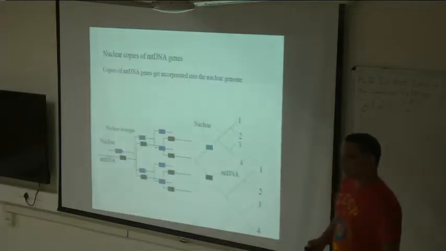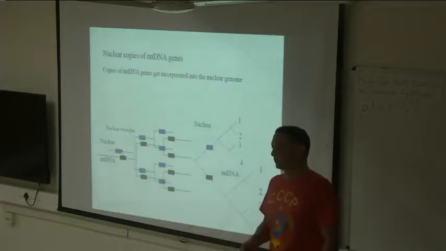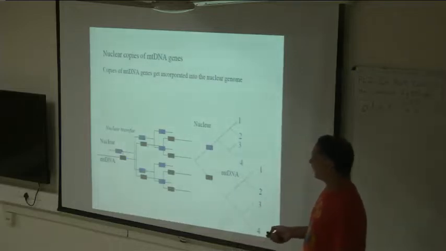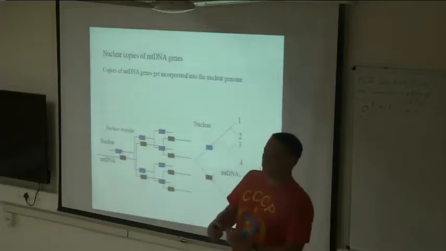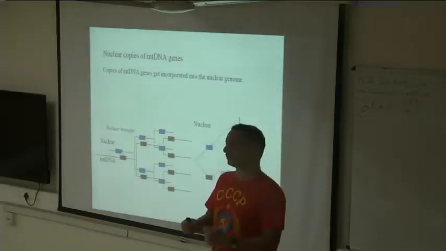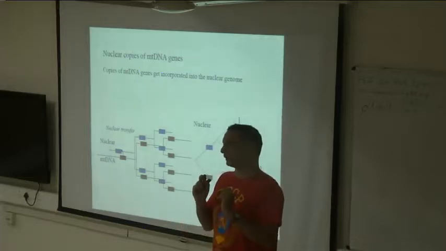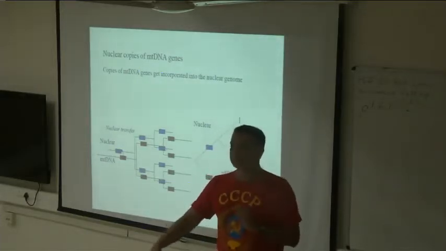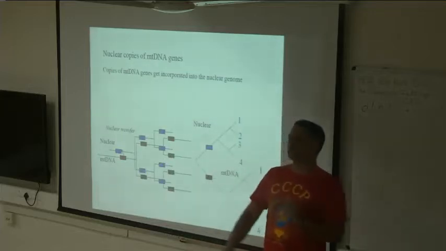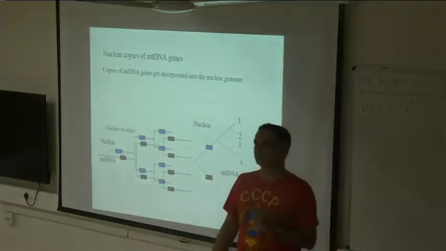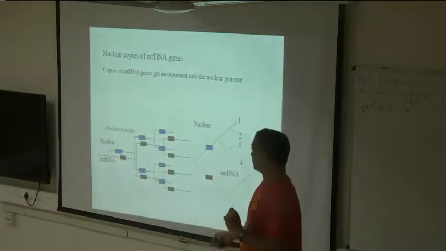Here's another complication that I wanted to quickly talk to you about. Often mitochondrial regions get incorporated in the nuclear genome, and these are called nuclear copies of mitochondrial genes, or NUMTs.